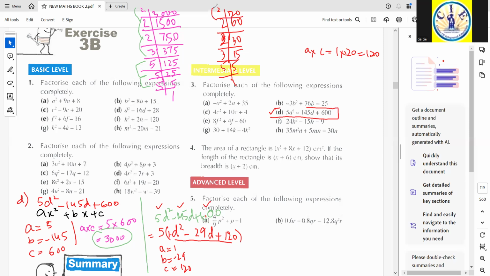So 2 twos are 4, 4 twos are 8, 8 threes are 24. 24 plus 5, yes, that is 29. So our factors are 24 and 5. And again, doing it with the same procedure, the first term would be the same, and the last term would be the same.